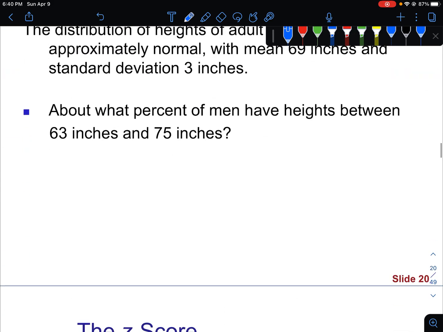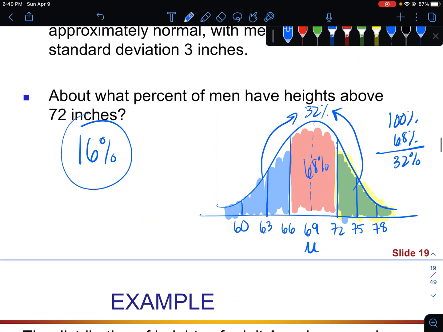The next example says, what percentage of men have heights between 63 and 75 inches? So if we go back to our picture here, between 63 and 75, we can see that that is 1, 2, and 1, 2. So 2 standard deviations on both sides, it's equal.